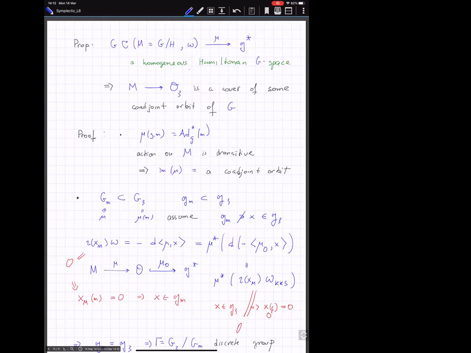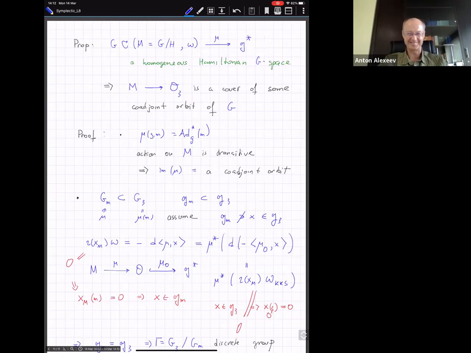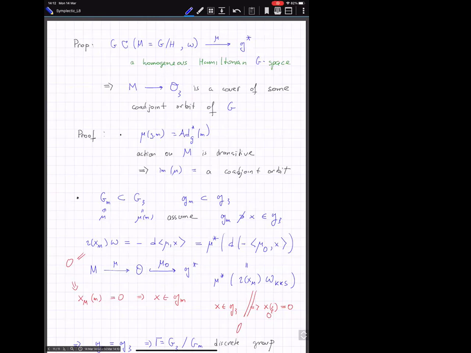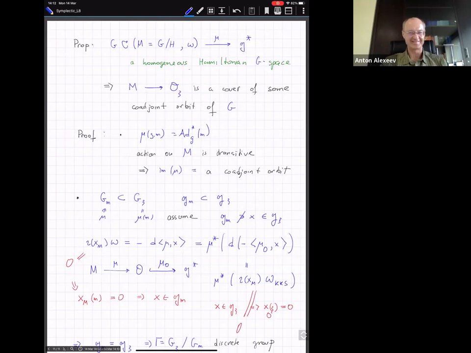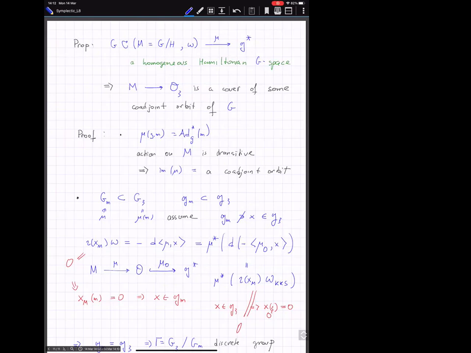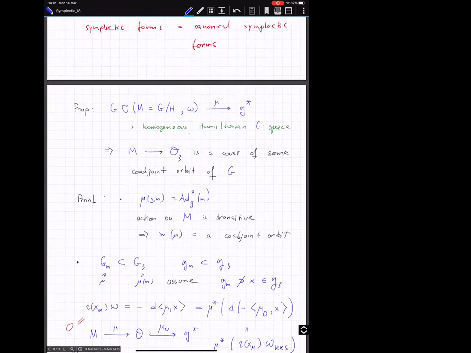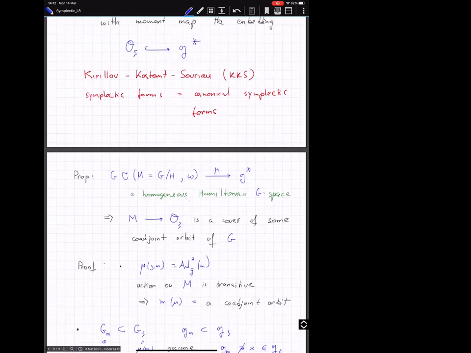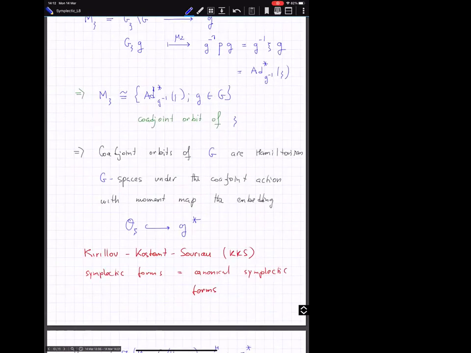Okay. And I have another question that's about signs. Actually, in the last couple of lectures, we had two different definitions of fundamental vector fields.